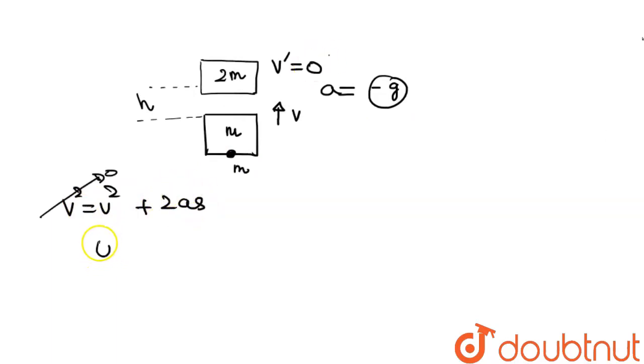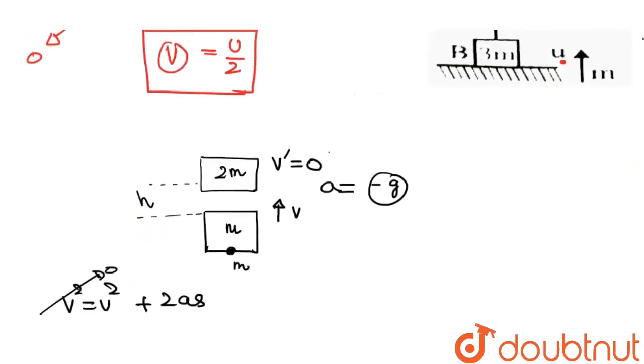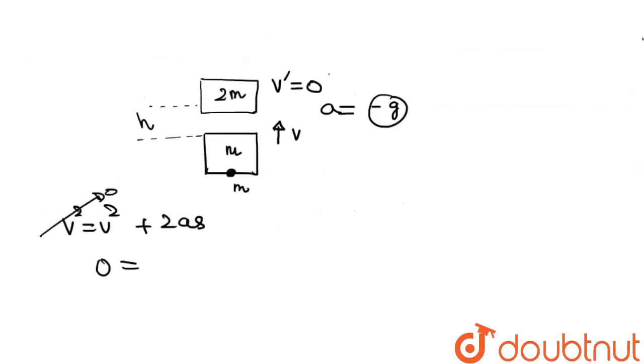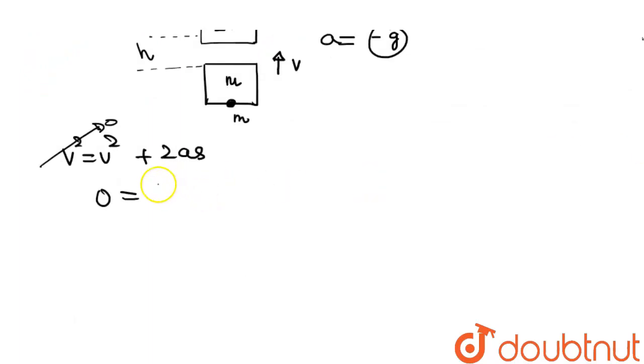So 0 equals (u by 2) square, that is u square divided by 4, plus 2 into minus g into h. From here you can easily find the value of h.